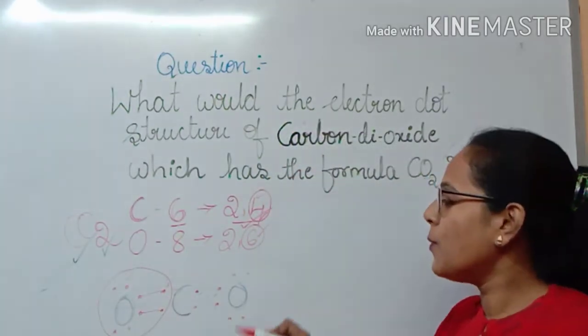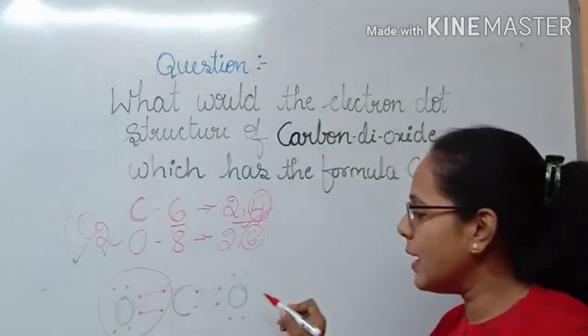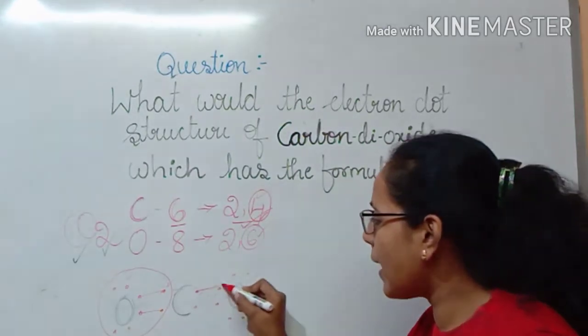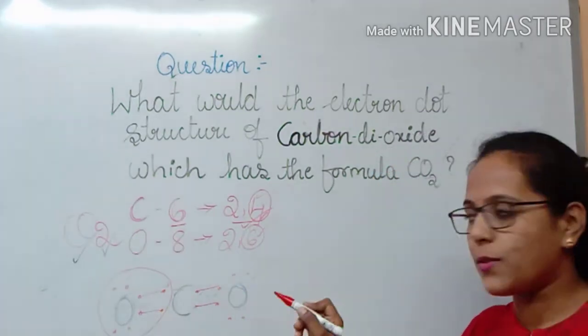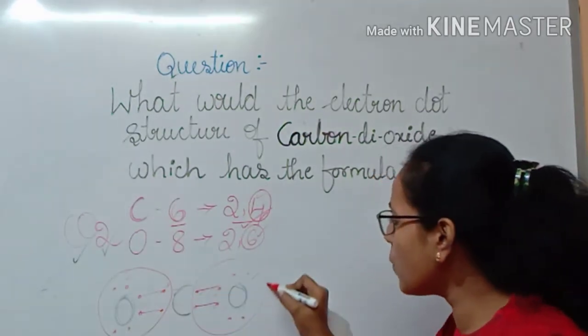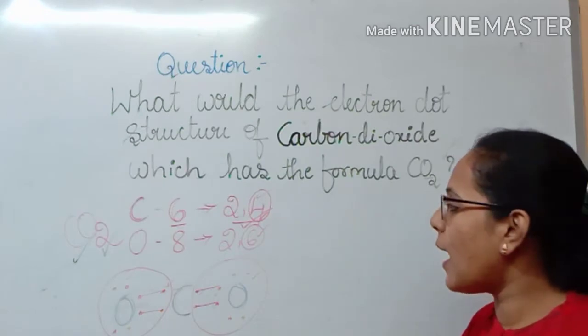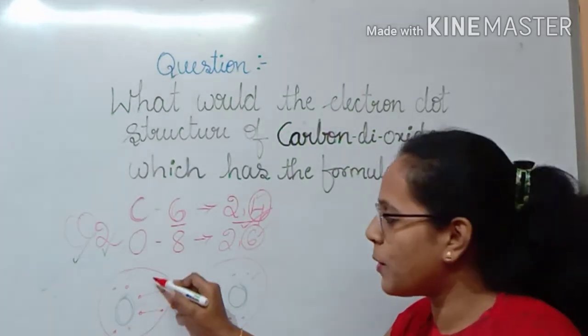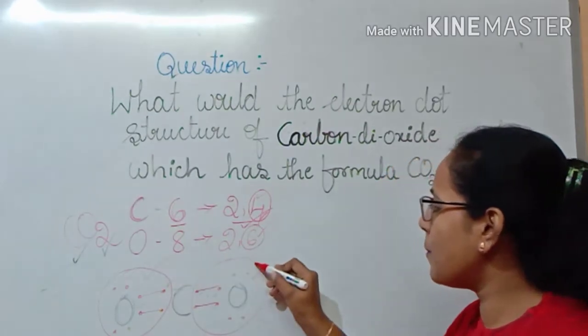Correct? So now what about this other oxygen? It is also having 6 and it also shares 2 electrons with the carbon. Now it also got 8. What about carbon? Carbon was already having 4. It shared 2 electrons from this oxygen and 2 from this oxygen.